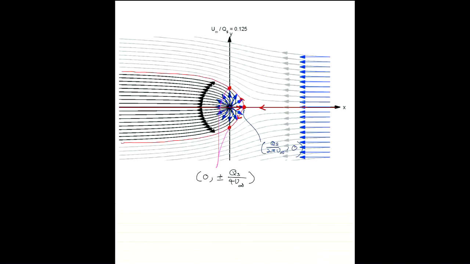And we also know that the height of this separatrix, as x approaches negative infinity, our y value is plus minus qs over 2u infinity.